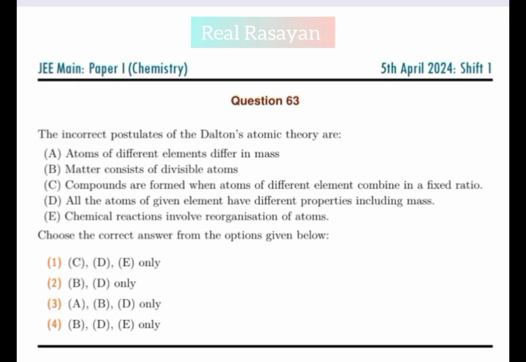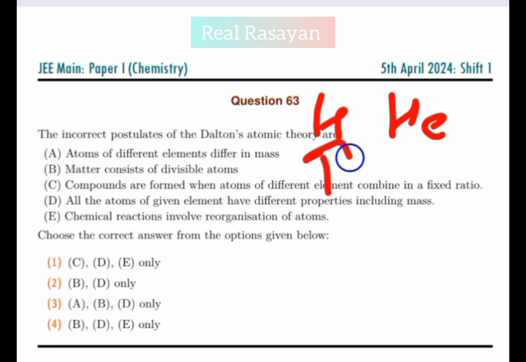Suppose we have hydrogen and helium, atoms of two different elements. They differ in mass, so they have different masses. So statement number 1 is correct.